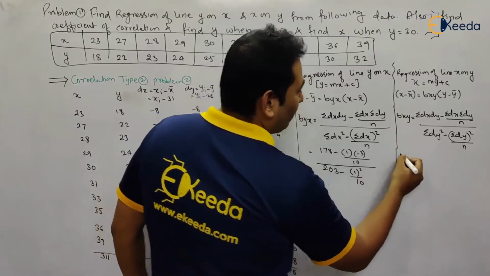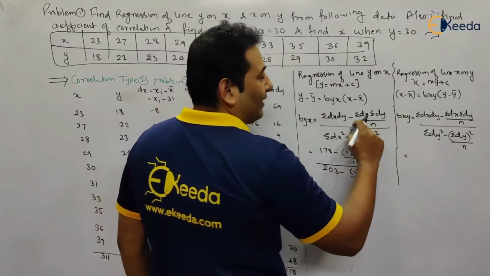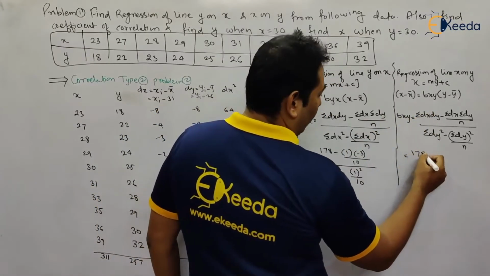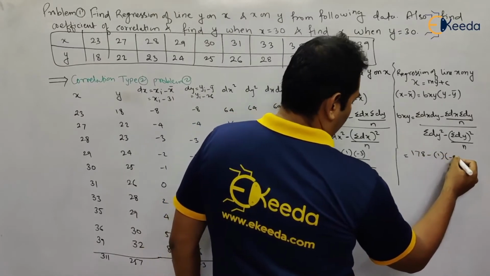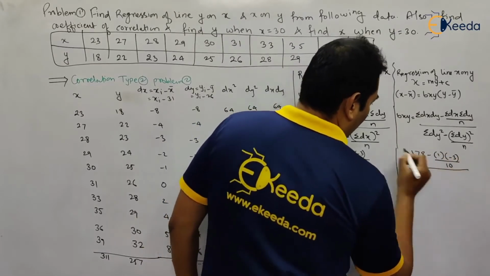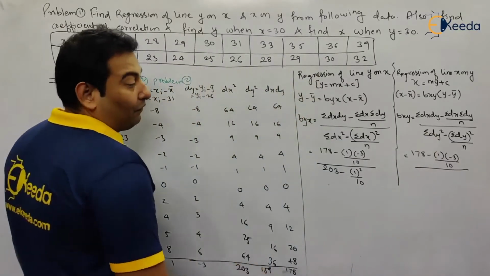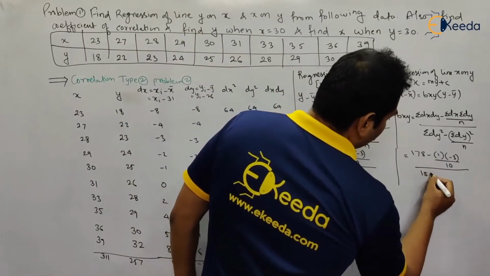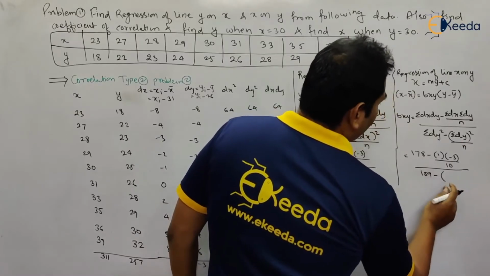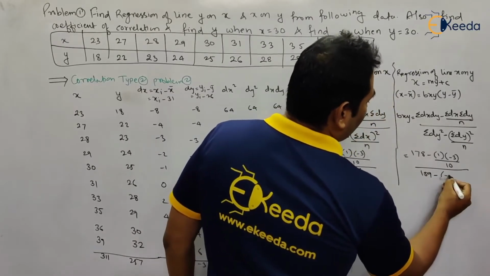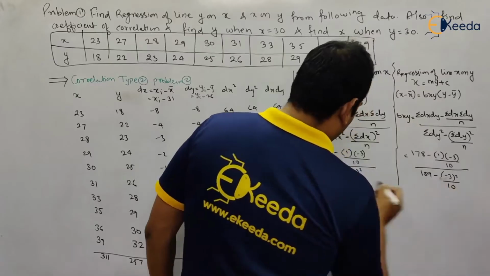Likewise for bxy the numerator is the same, and in the denominator is summation dy square, that is 159, minus summation dy, that is minus 3, the whole square upon 10.